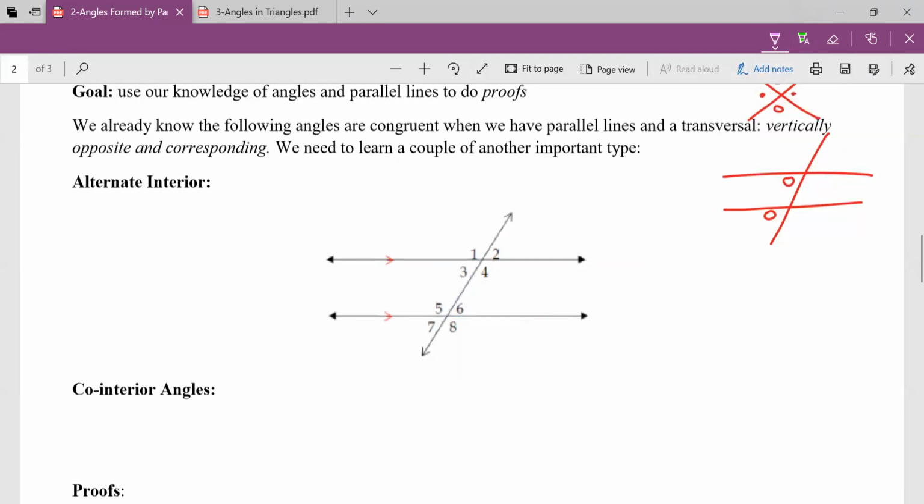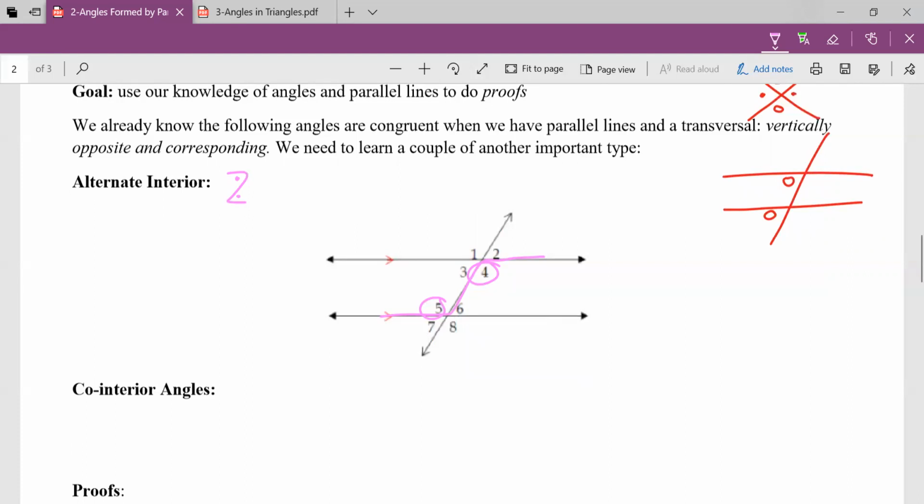My Z can go backwards like that, and those are alternate interior as well. So look for your Z shape, and it's the two angles in the little, I always call it the nook of the Z. I'm sure there's a proper term for that, but I'm not a linguist, clearly. So there's alternate interior, friends.